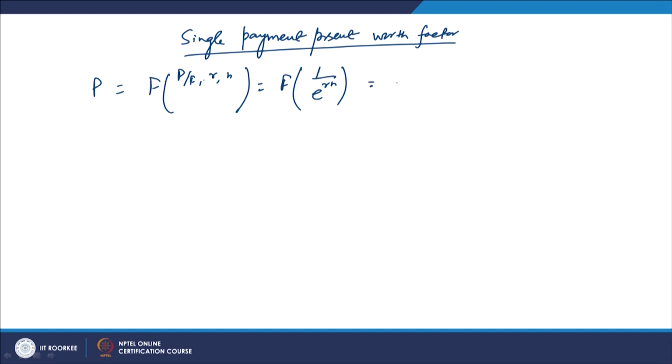So, you can write F into e raised to the power minus rn. So, basically 1 by e^(rn), or e raised to the power minus rn, is the single payment present worth factor for continuous compounding interest.